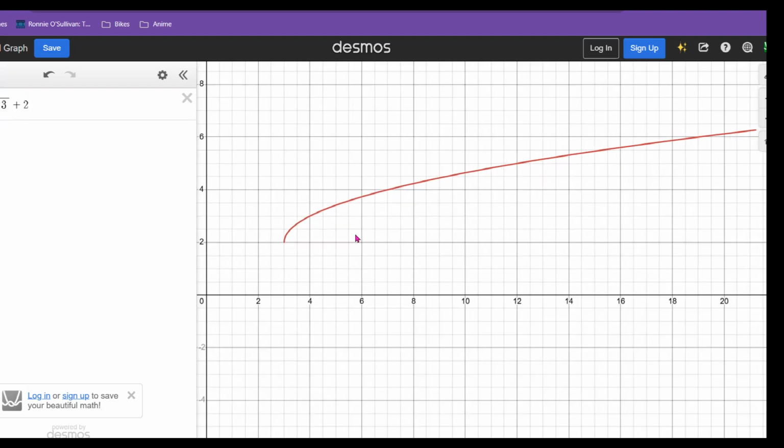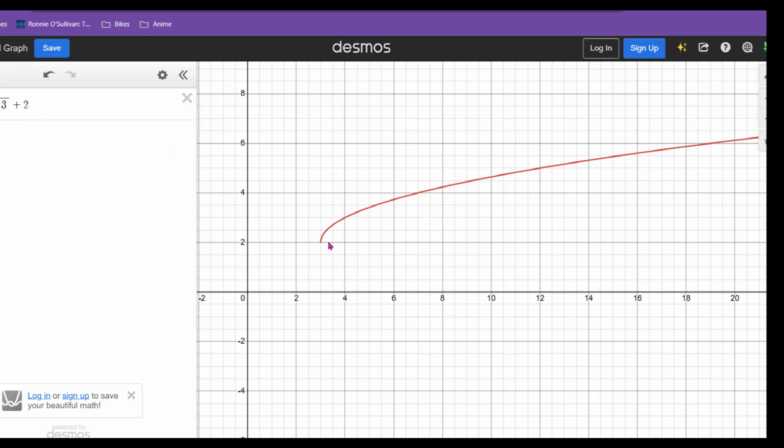We can see that we have the correct points.